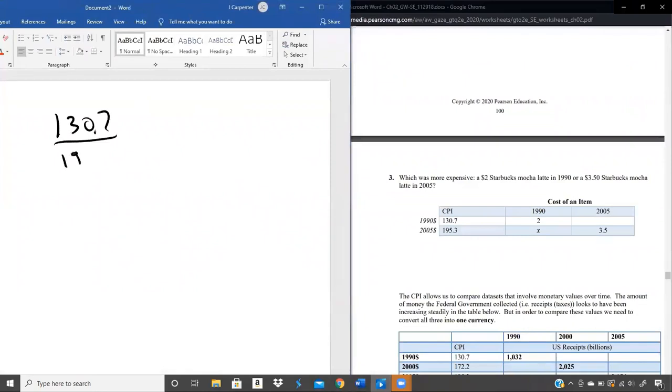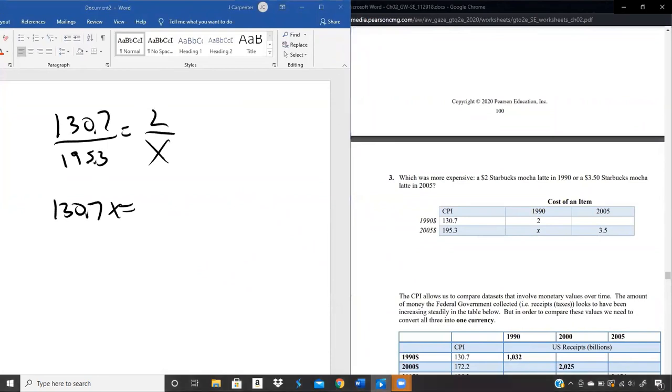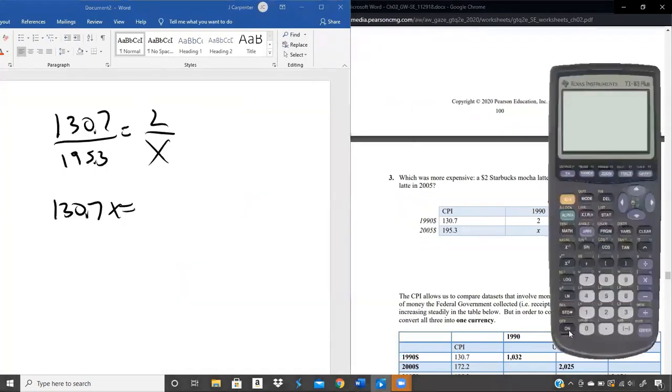130.7 over 195.3 equals 2 over X. Cross multiply, you get 130.7X equals, I'm just going to go ahead and, in the interest of time, since you saw it written once at least, multiply 195.3 times the 2, and that's 390.6.